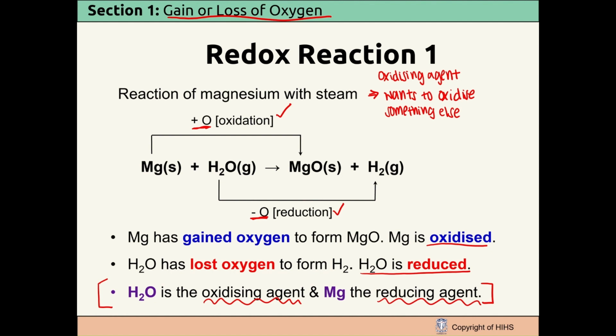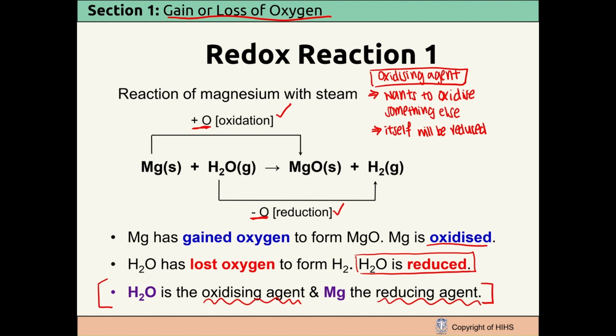So itself will be reduced. Okay, so this is the oxidizing agent. Itself will be reduced. So we established earlier that H2O, your water, is reduced. So H2O is the oxidizing agent.